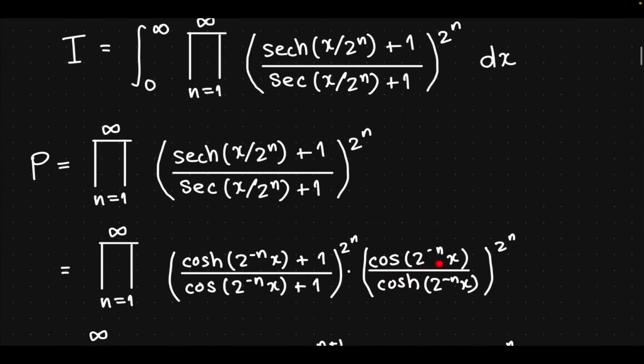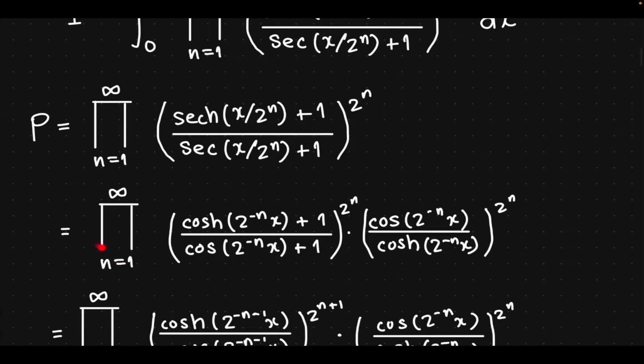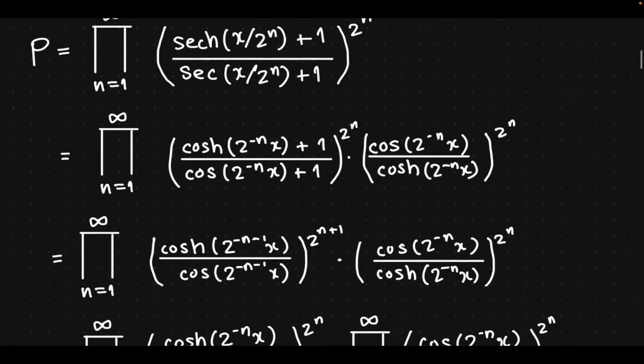But we also have that extra term from both the numerator and the denominator, since it was a reciprocal relationship. We have cosine of 2 to the minus n times x divided by cosh of 2 to the minus n times x, quantity to the 2 to the n power. Again, the product is from n equals 1 to infinity.